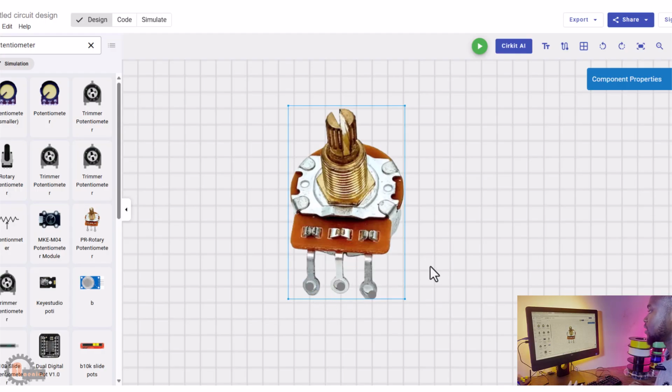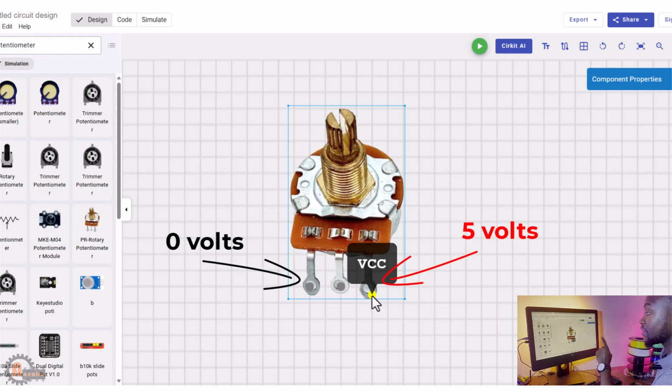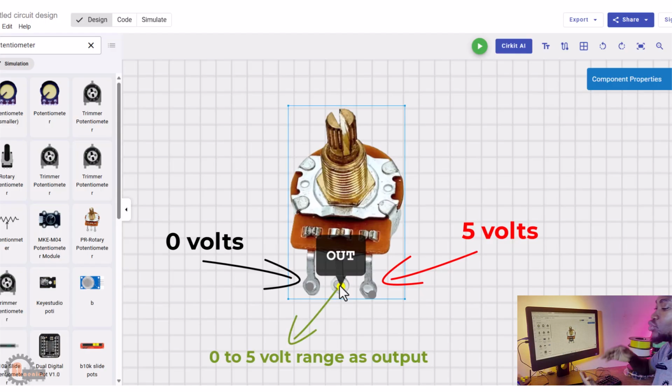So just imagine this: if you connect this to the ground and you connect this to Arduino's 5 volts, there's going to be a signal coming out of the output pin at any point in time, and this signal is going to be forever between the values of 0 and 5.